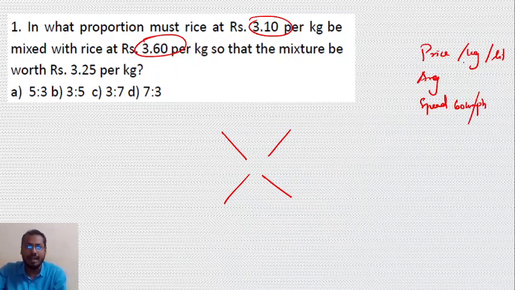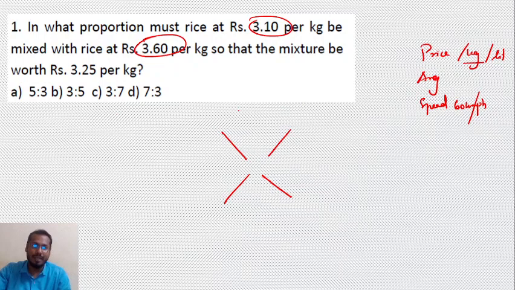So price per kg, per liter, everything should be written at the top. At the bottom, how many kg, how many students, how many hours he traveled, all those things should be written at the bottom.